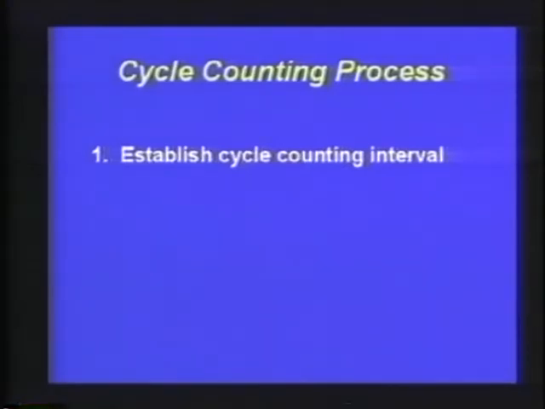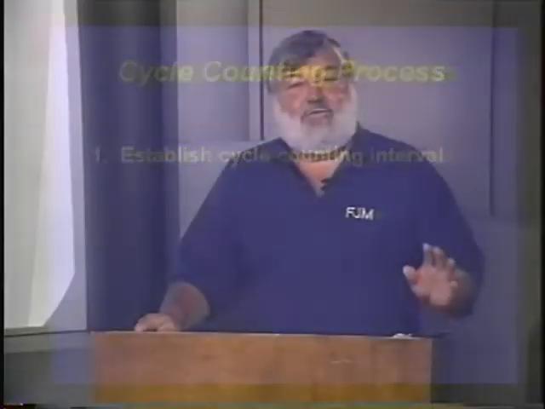So starting off with item number 1, we want to establish the cycle count interval. Now the interval that we alluded to and used in Section 4 was the frequency of counting the A, B, and C items as approved by the certified public accounting profession. So again, the A items, you should count those 4 times a minimum.